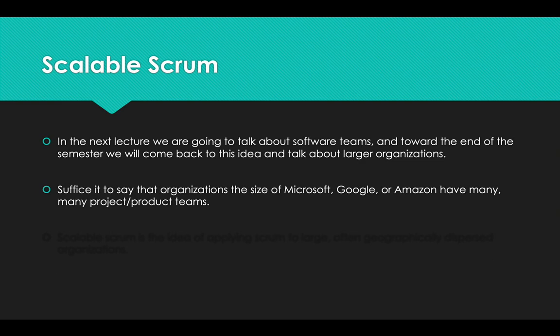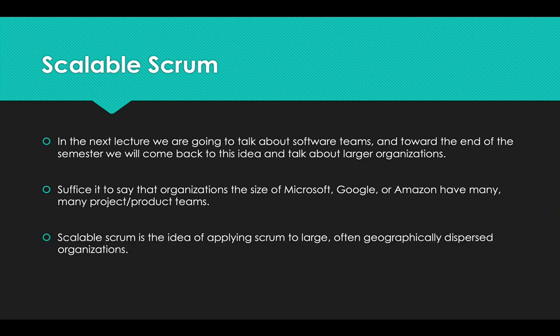What they need is the ability to synchronize in a larger context between many different Scrum teams. So scalable Scrum is the idea of scaling up a small Scrum group.